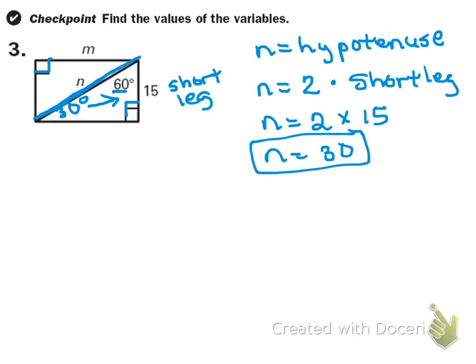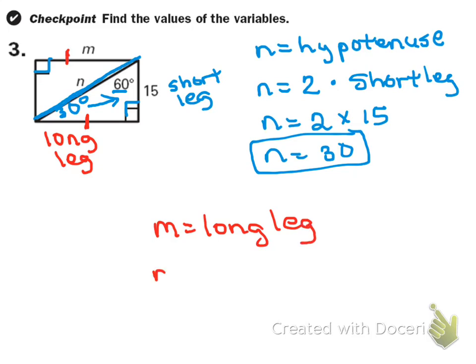The first thing to realize is that this is a rectangle, and in a rectangle, opposite sides are congruent. On our 30, 60, 90 triangle, this is the long leg. So m is equal to our long leg.